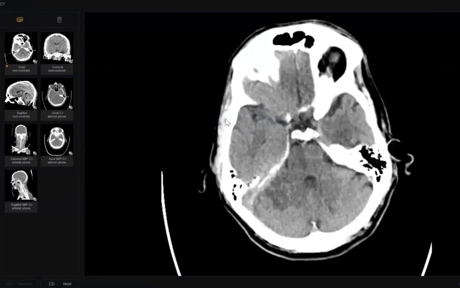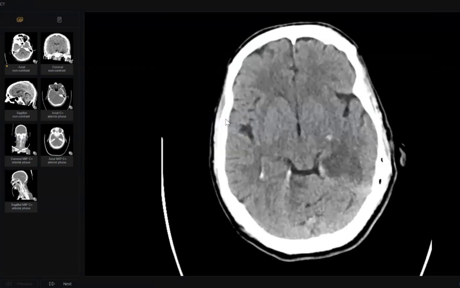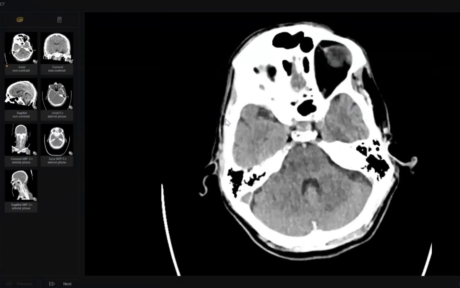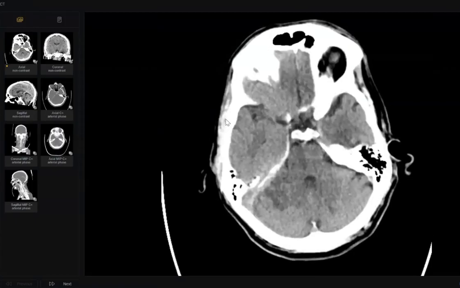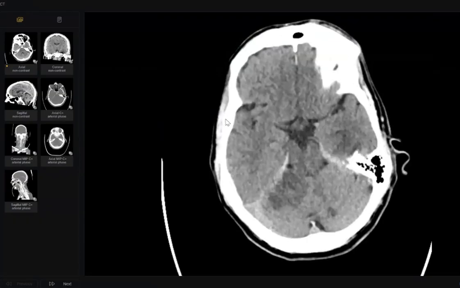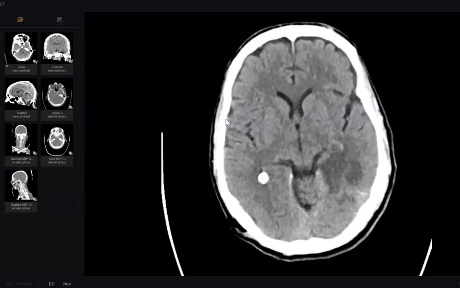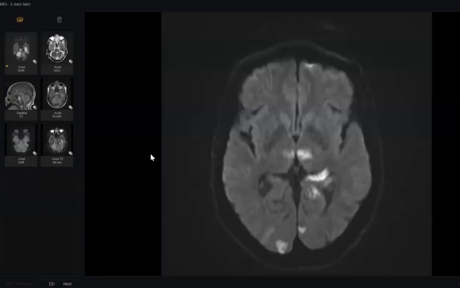Okay. So I'm again able to see that there is hyperdensity within the basilar artery, and there is hypodensity involving the region of the brainstem. So my diagnosis here would be a basilar artery thrombosis causing a posterior circulation acute infarction. So I would want to confirm this with an MRI or with contrast enhanced CT images.